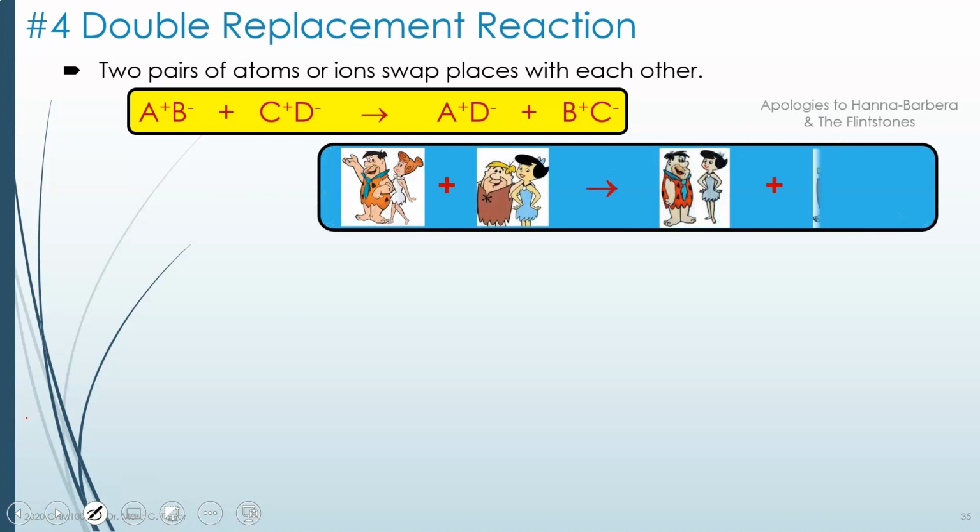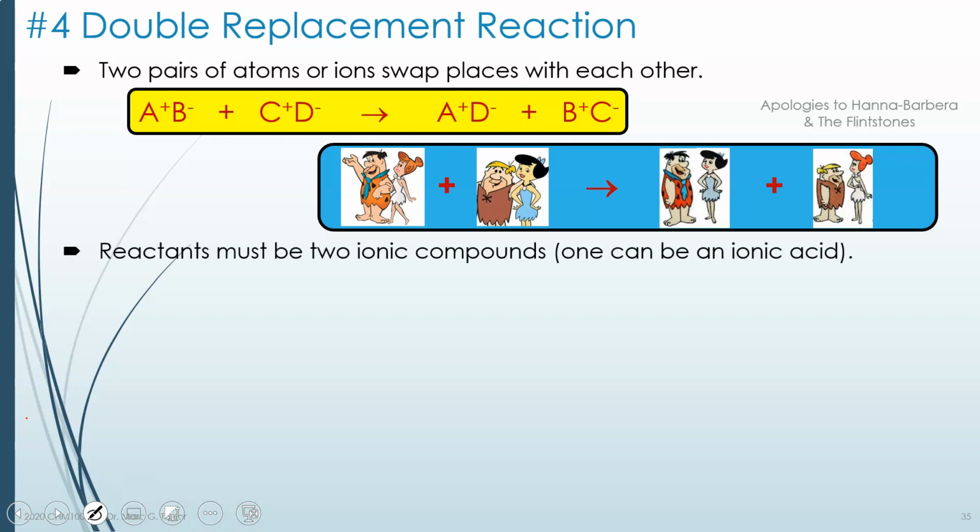So it's two couples swapping partners. So you start with two compounds, you end up with two brand new compounds. You can think of it as the Flintstone couple and the Rubble couple swap partners, and now Fred is with Betty and Barney is with Wilma. So that would be a double replacement reaction.